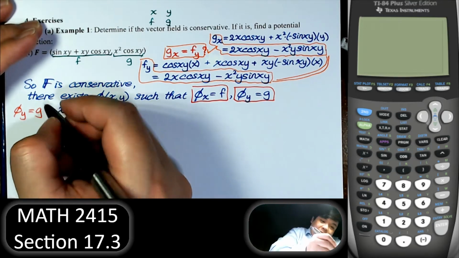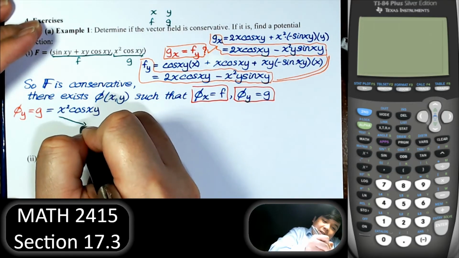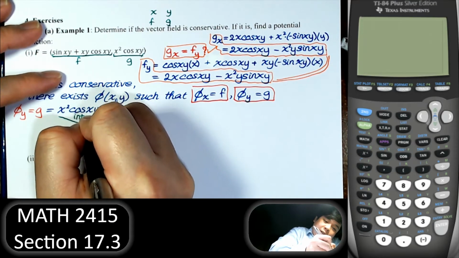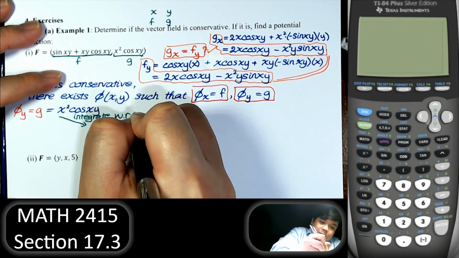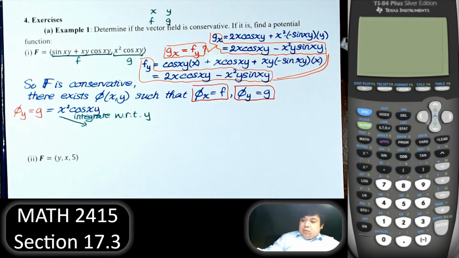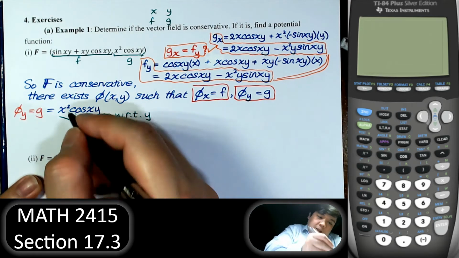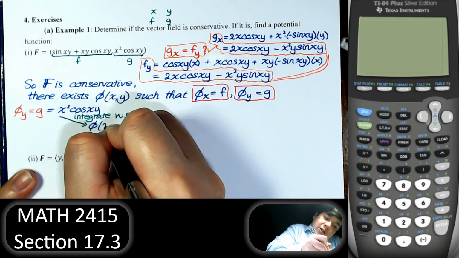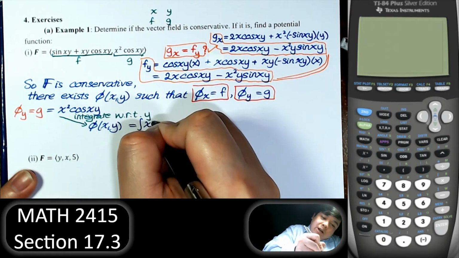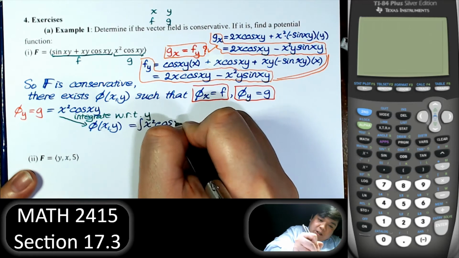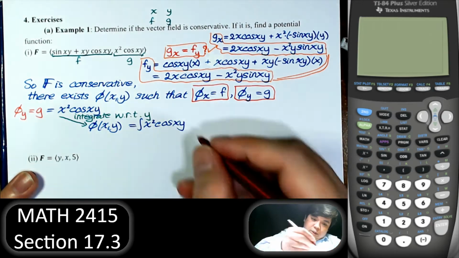And now we integrate with respect to y. So that gives us the function: integrate x squared cosine xy with respect to y.